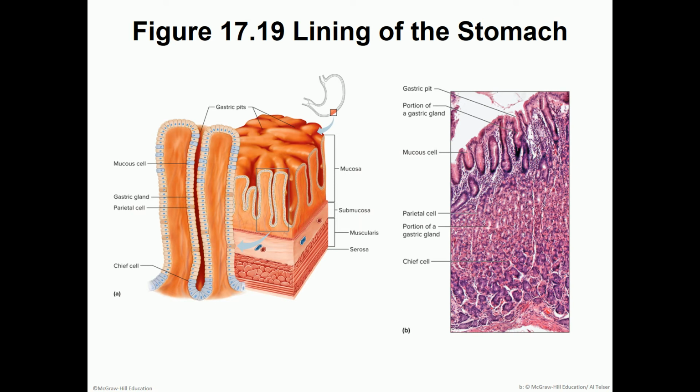You can see all of these different cells on the rugae, with gastric pits or gastric glands that have different kinds of cells. You are going to find mucus cells that make mucus. You will find parietal cells, and we'll see what those secrete in a minute. And at the very bottom of these gastric glands, you'll find chief cells, and those secrete different things that we'll talk about in the next slide.